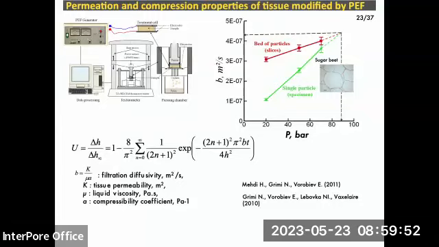So here the tissue was treated by pulsed electric field, and then compressed in this press. From the solution of the classical consolidation equation, which is analogous to the diffusion equation, we can determine the consolidation ratio and consolidation coefficient, which is physically a filtration diffusivity dependent on the tissue permeability and compressibility.